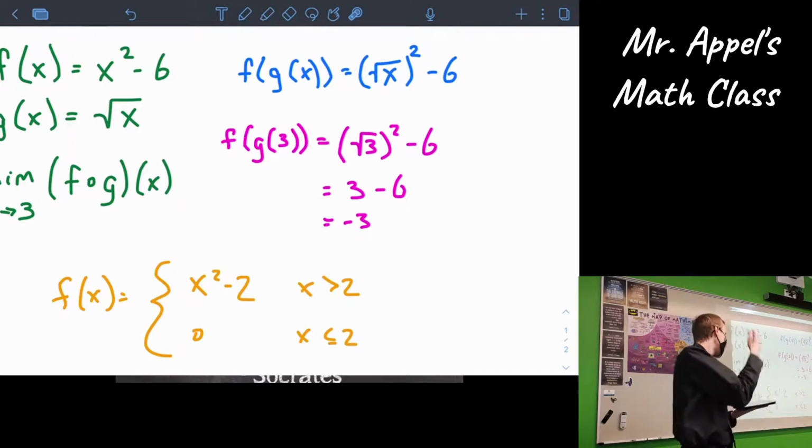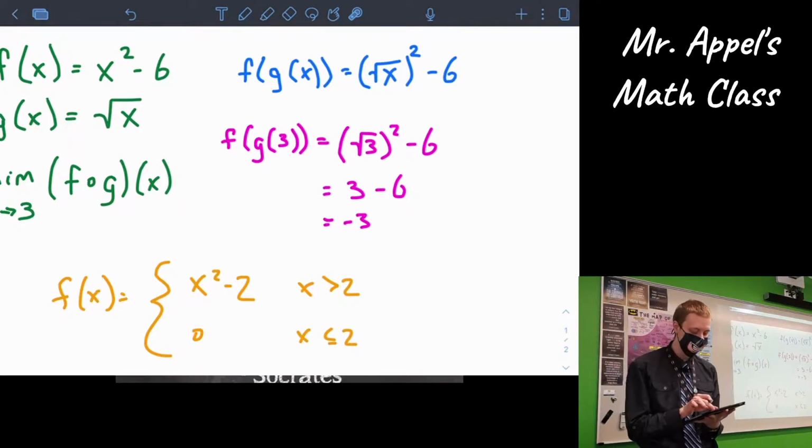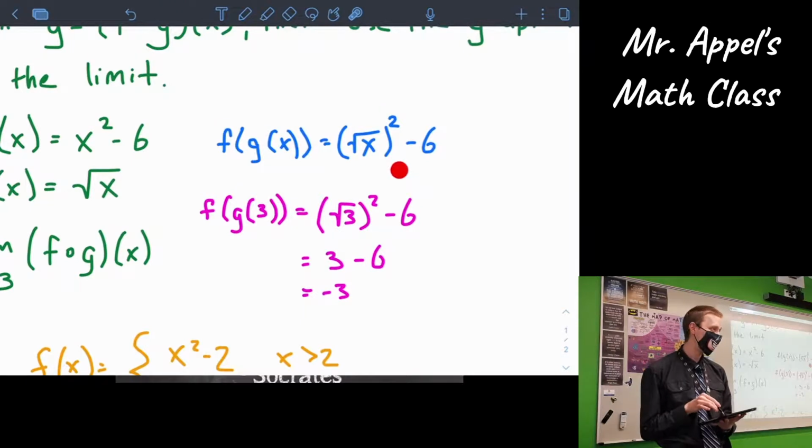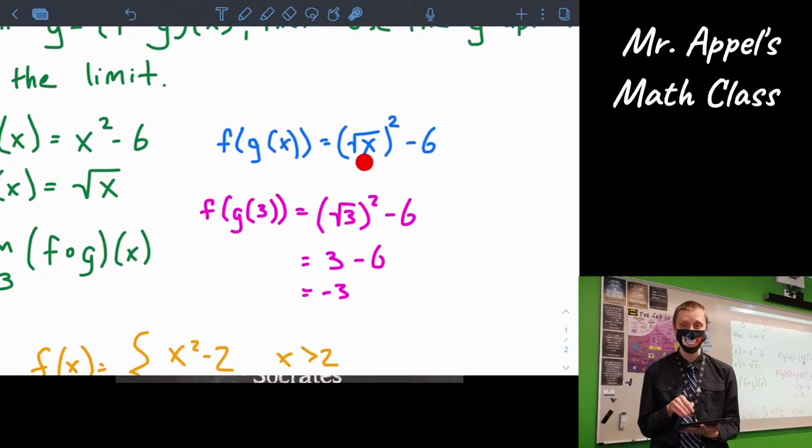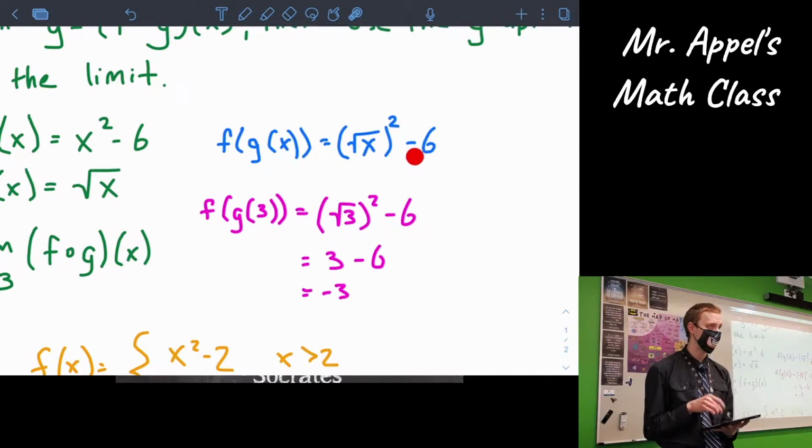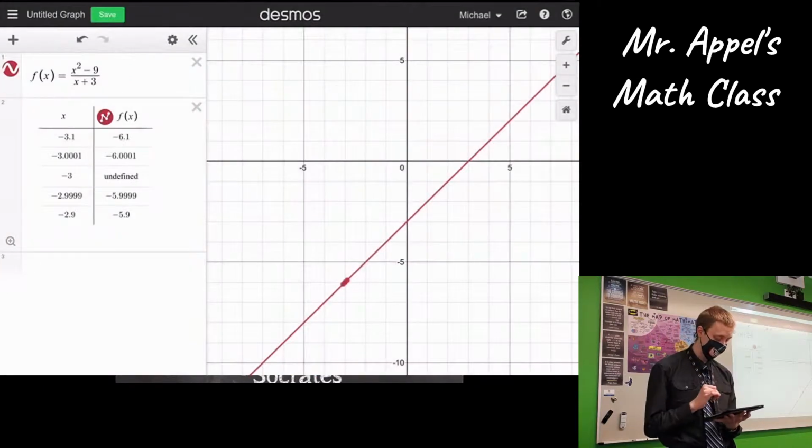All right, so we've got to approach from the left and the right. Let's set up a table. I'm not doing that by hand. I know what the compound function is now, so I'm going to put that in Desmos and use the table button there. With me? Okay, so the square root of x, all squared, minus 6.